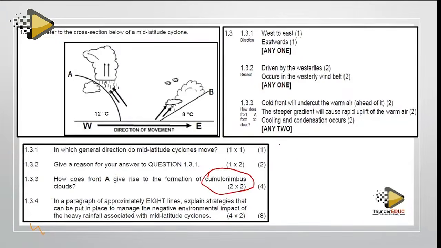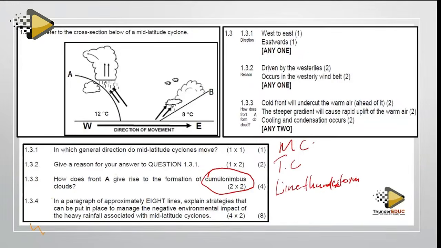Number one is the mid-latitude cyclone that we are looking at here. Then it is the tropical cyclone, and it is the line thunderstorm. So these three weather phenomena have got something in common, which is cumulonimbus clouds.